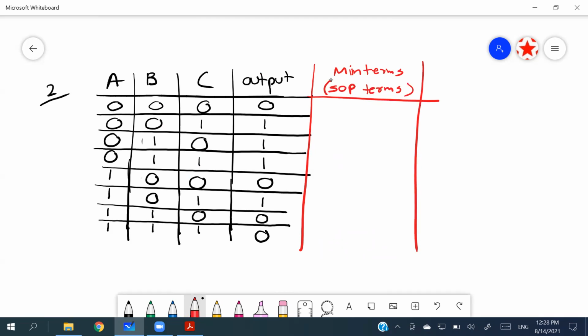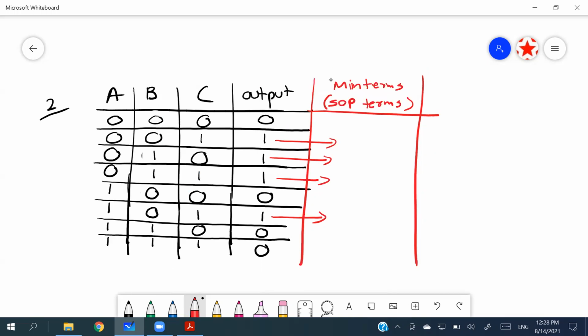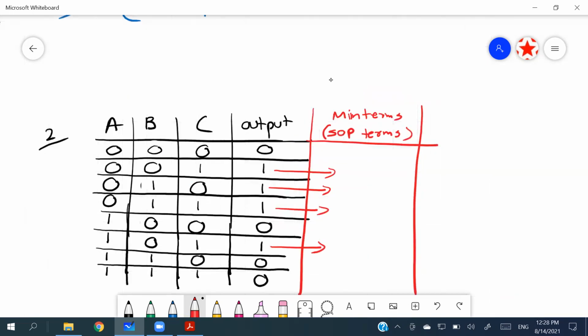Right, so we consider ones. So this, and this. So what are they? So 0, 0, 1. That means A bar dot B bar dot C. Right? And the next one is 0, 1, 0.